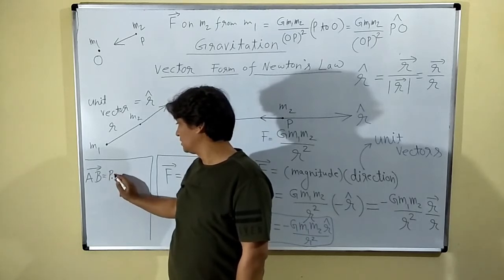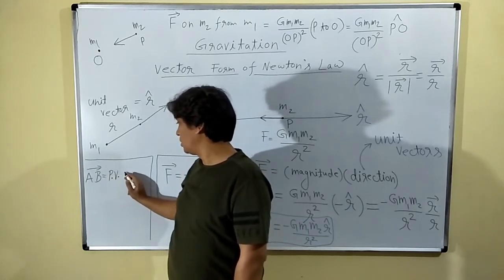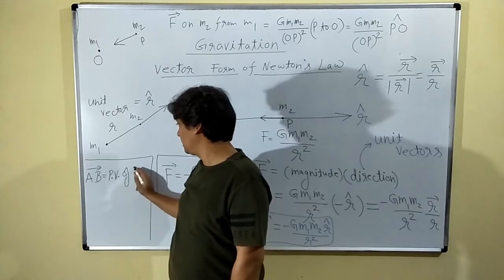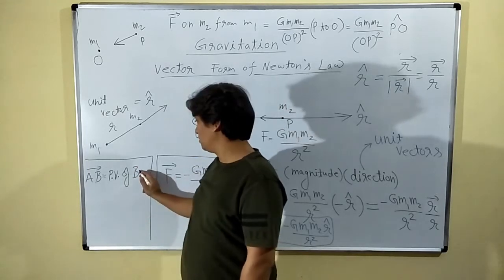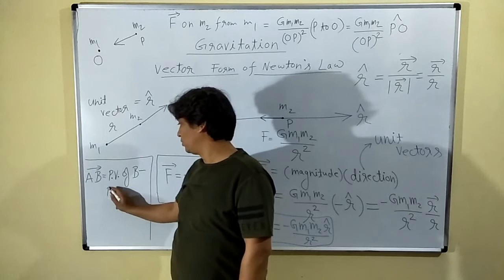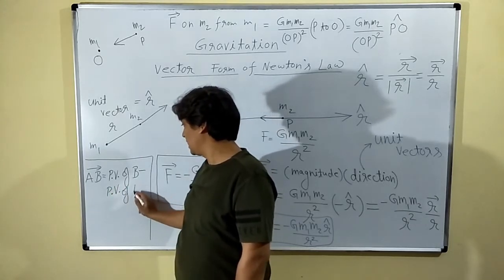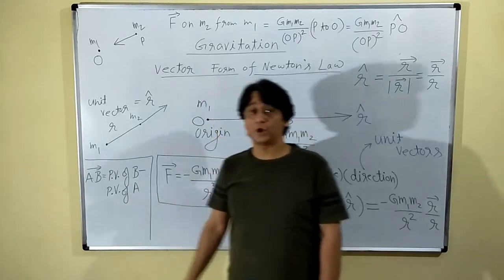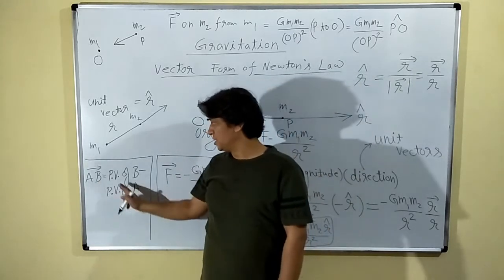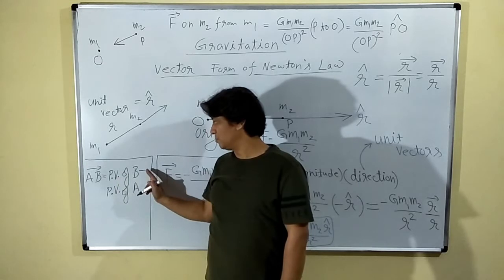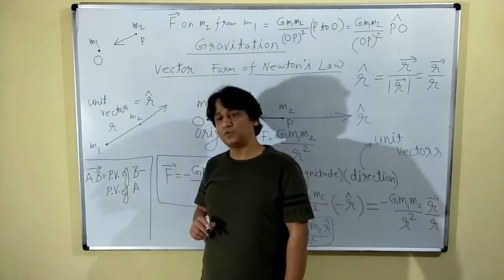Position vector of B minus position vector of A. That's how you define AB.